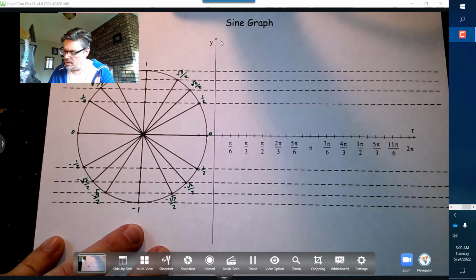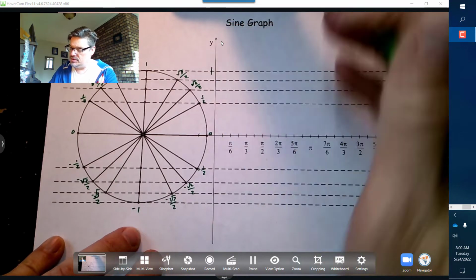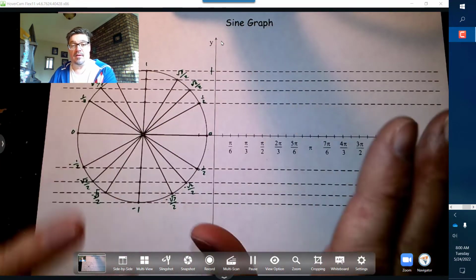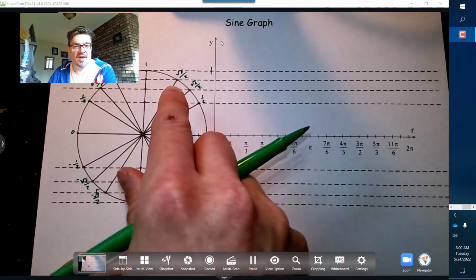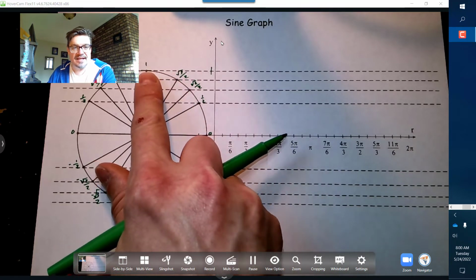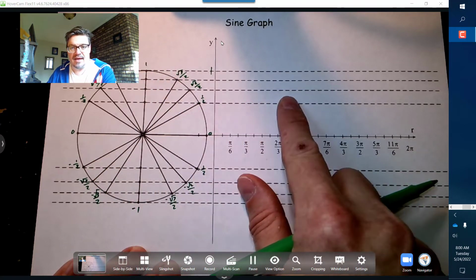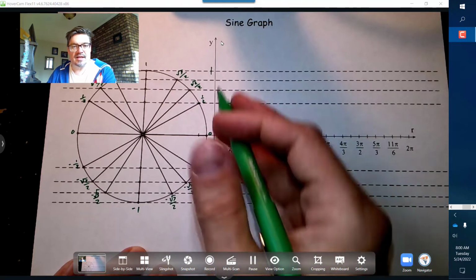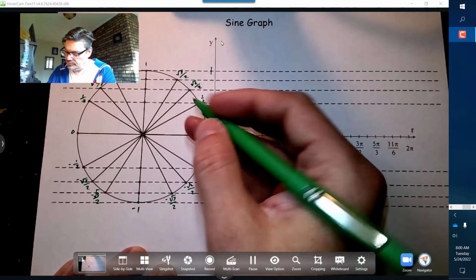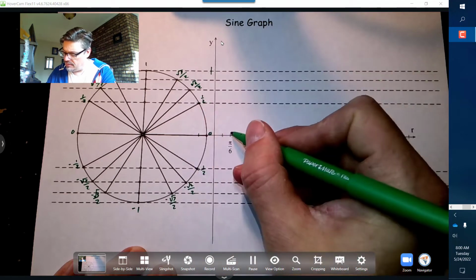Here's our 1, and what's really nice is, I looked all over for this for years, and I finally found a resource where this is lined up with exactly how this should go. So this 1/2 is right here at 30 degrees, or pi over 6.